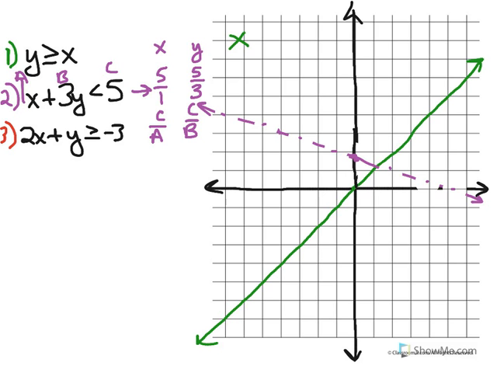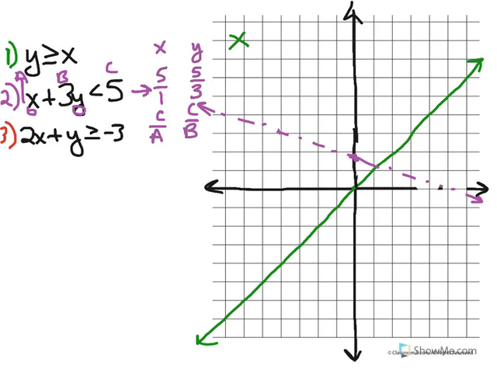Let's stop for a moment and go back. I forgot to show you. For line number 2, we also need to decide which side of that purple dashed line we should be on. Conveniently, this line, unlike the green line, does not go through the origin, so we can use the origin. Put 0 in, and 0 in. 0 plus 3 times 0 is 0.